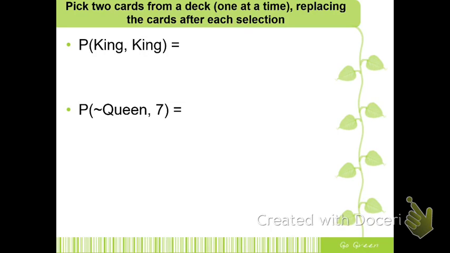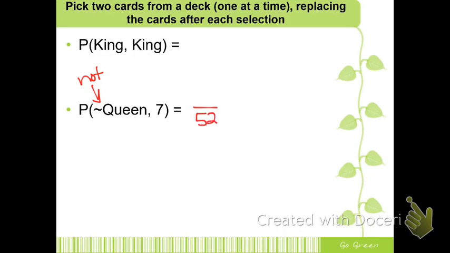This little tilde in front of the queen means not. So this notation says find the probability that I draw 2 cards with replacement. The first one is not a queen, and the second one is a 7. So there's 4 queens in the deck, 1 for each suit. There's 52 cards in the deck total.